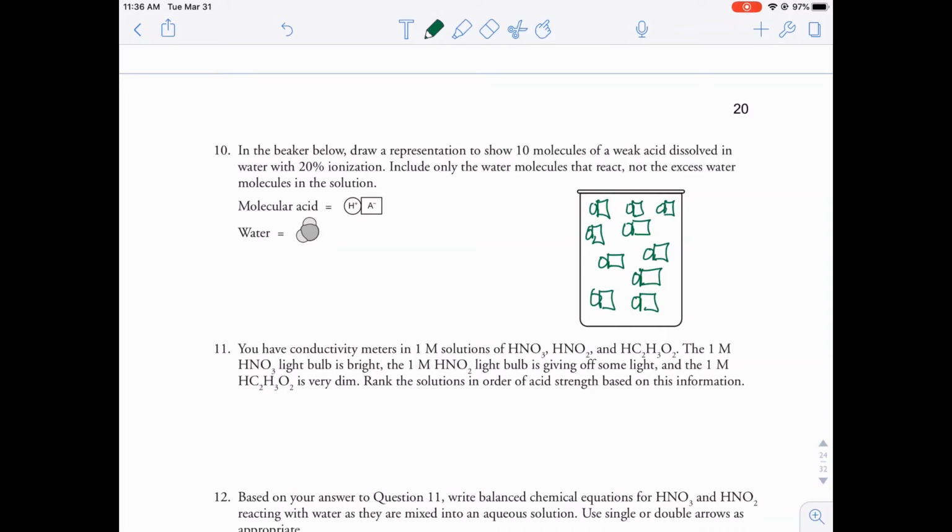All right. And then it says only include water molecules that react. So if it's 20%, 2 of these guys are going to react. All right, so we need 2 water molecules.